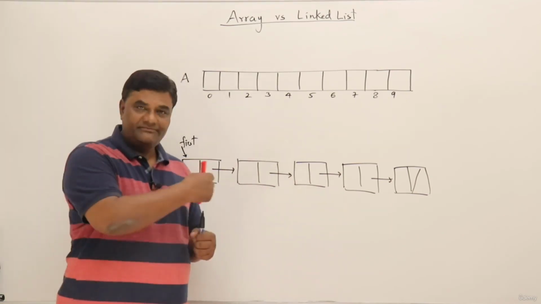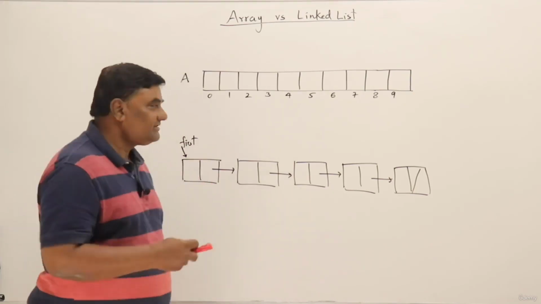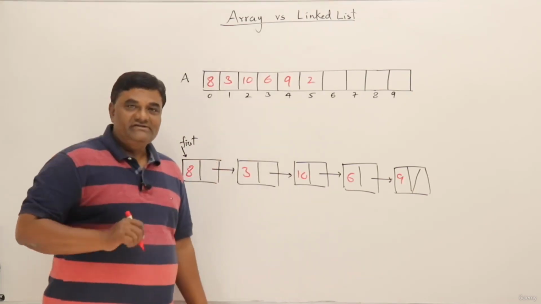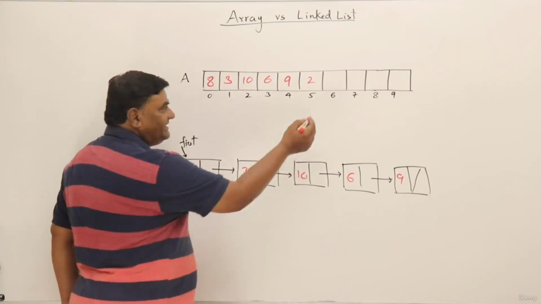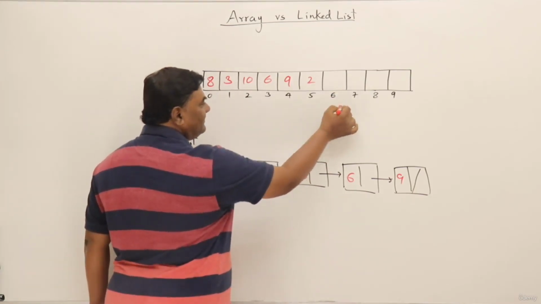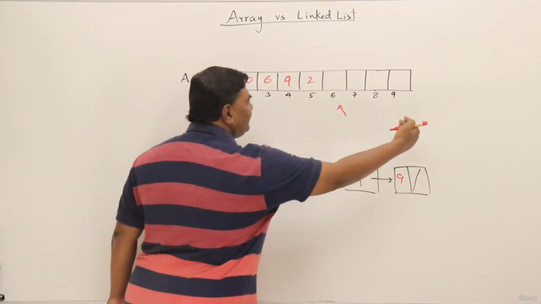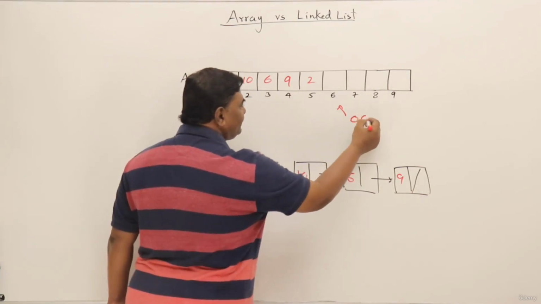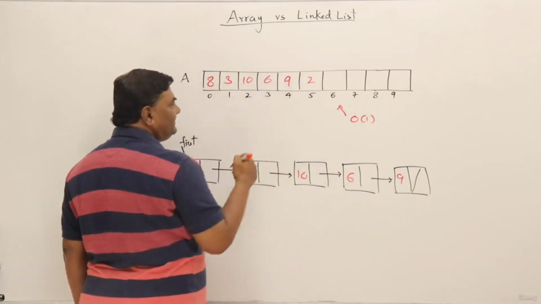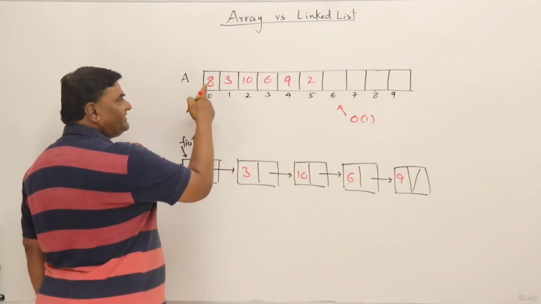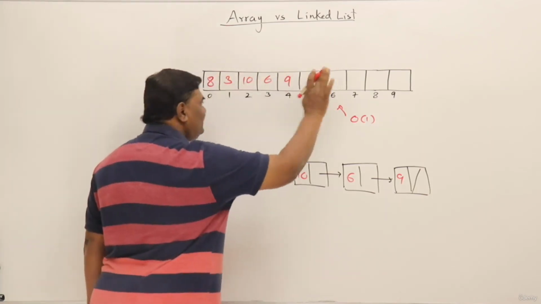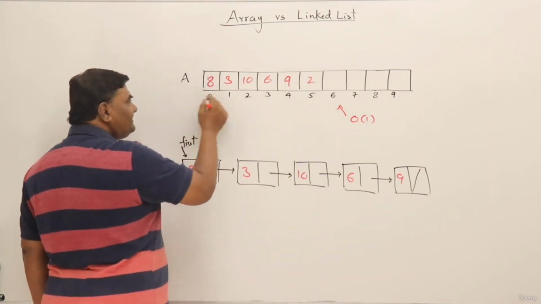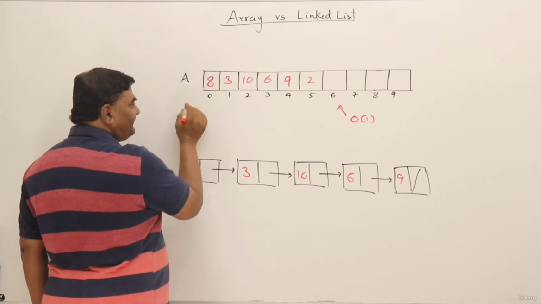For that, I will fill up a few elements and then we will discuss it. Let us talk about insert. If I am inserting any element at this side, I should say inserting from right hand side, it takes constant time. I just have to write the element. If I want to insert any element here, then I have to shift all the elements. Let us say we are inserting from left hand side.